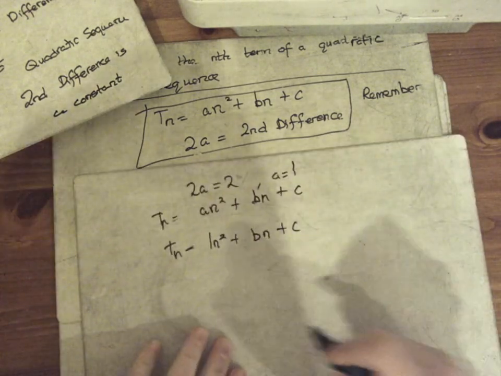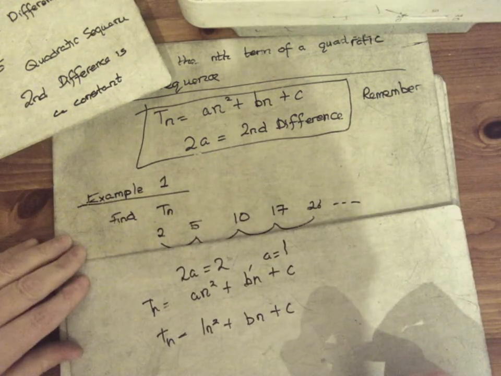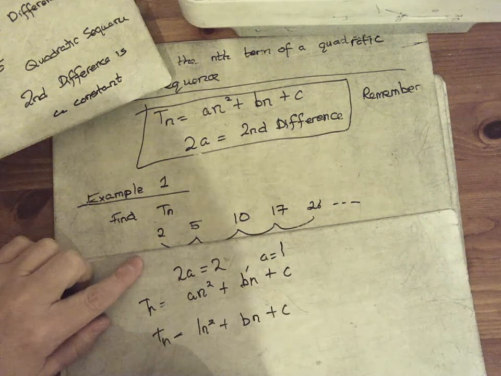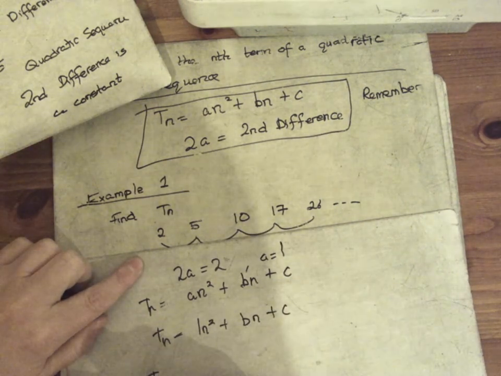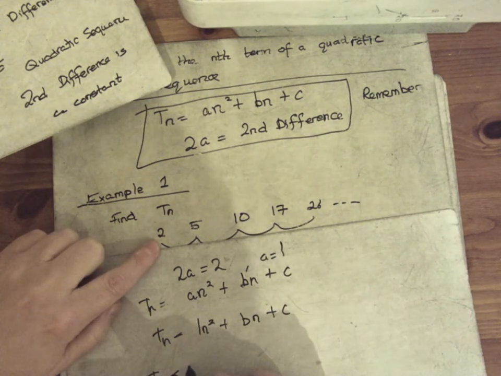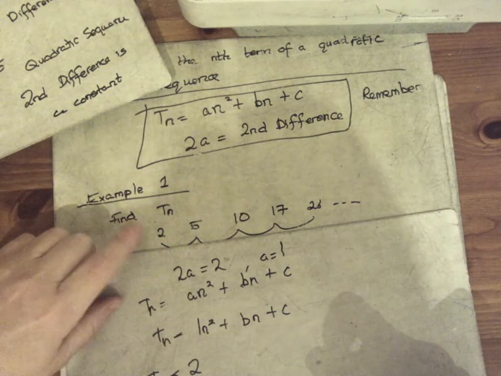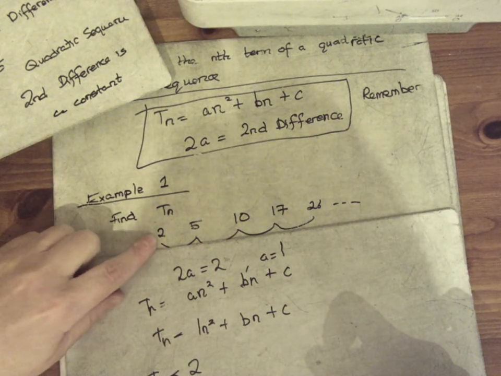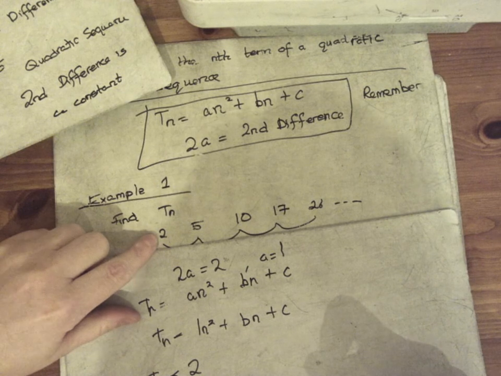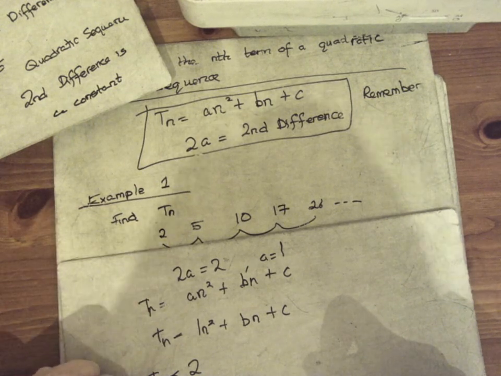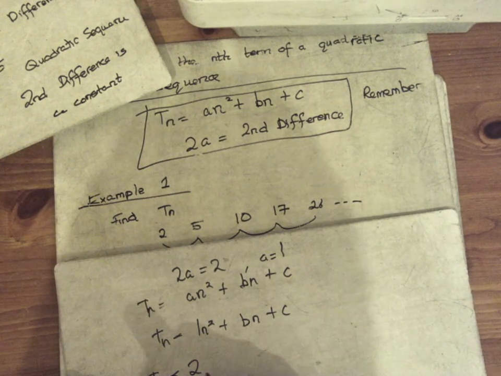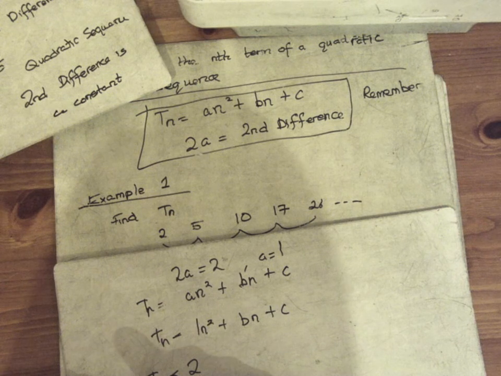Okay, so if you look up at term number 1, it is 2. How do I know that? Because they gave me the sequence and I know that's the first term. So term number 1 means everywhere I see an n I put in a 1.